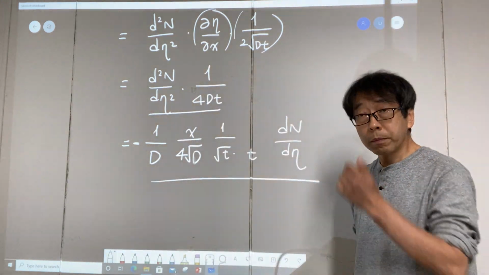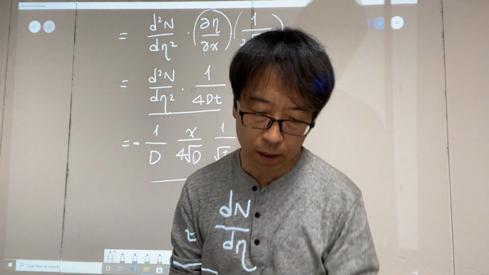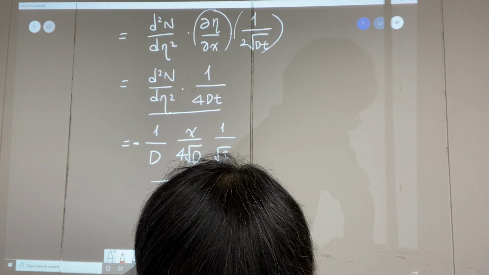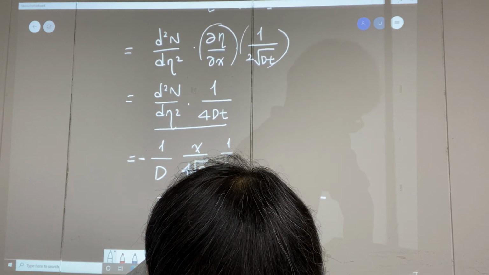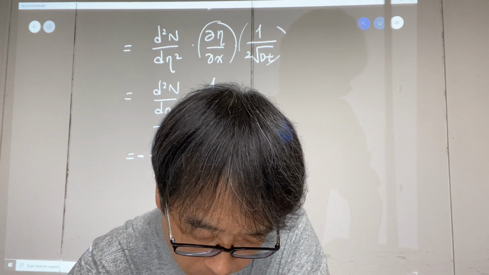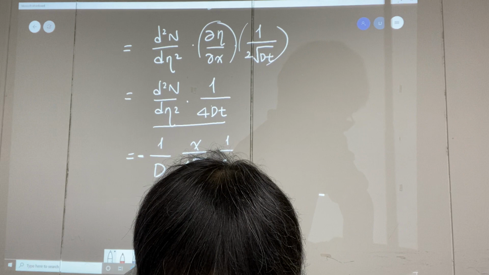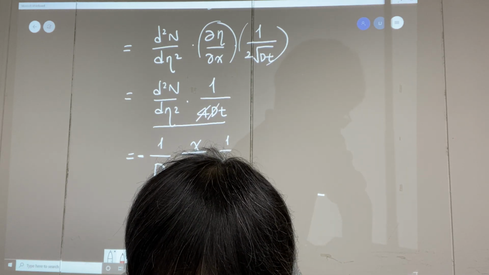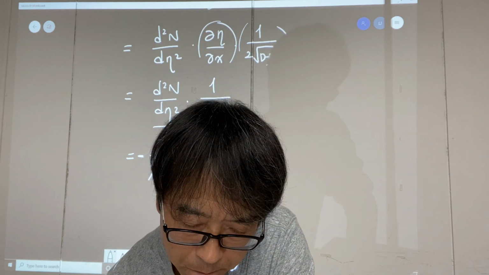Now is a fun time. Why is it a fun time? Because we can eliminate numbers. Eliminate the numbers: 4, d, t, t.